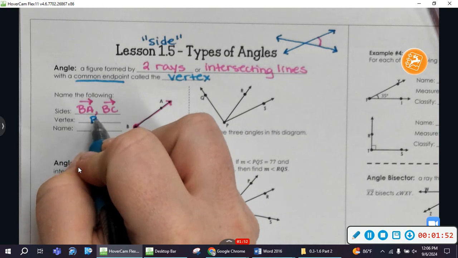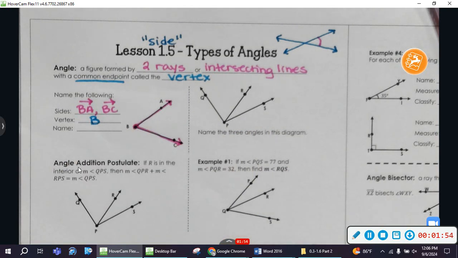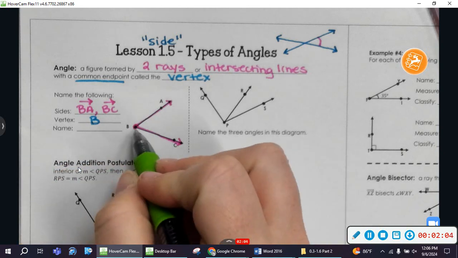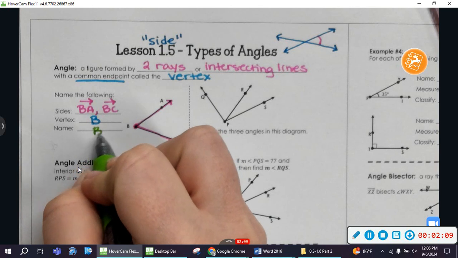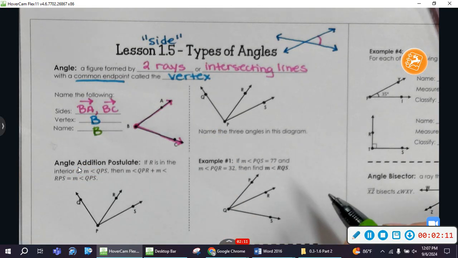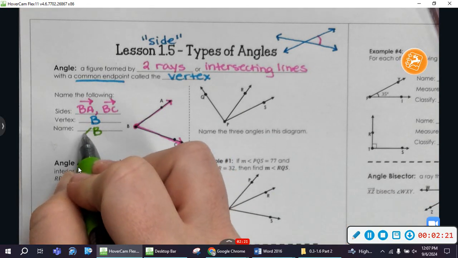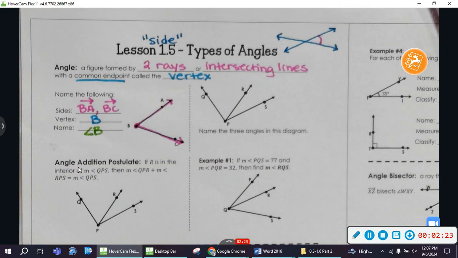That's this point B. Now when we name an angle, we're actually going to name it using that vertex point. So I would call it angle B. Well, at this point, if I just write the letter B, I'm actually talking about point B. So I need to know a difference between point B and angle B. So we do have to have a symbol in front of it. It looks like a Pac-Man. It is your angle symbol, so angle B.